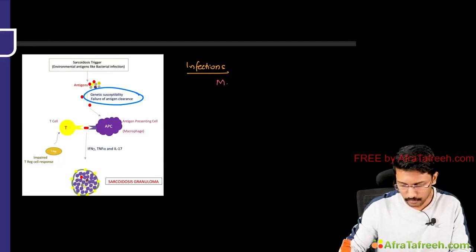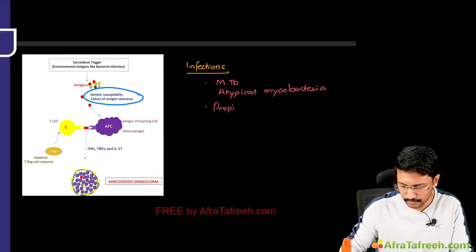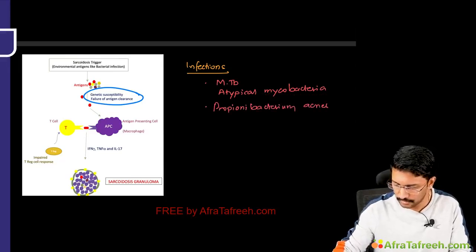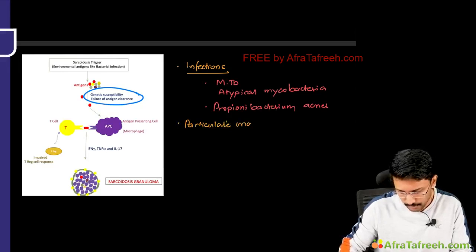One is Mycobacterium tuberculosis, atypical mycobacteria, and the second organism which has been increasingly implicated is Propionibacterium acnes. Other than that, exposure to particulate matter, particularly the one that contains beryllium.